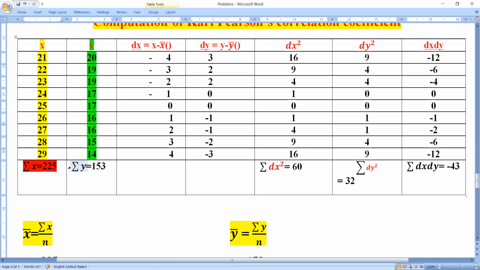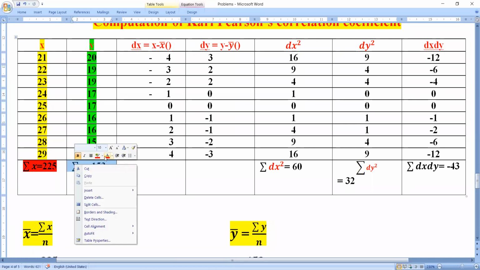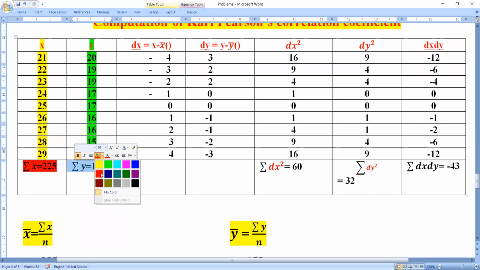After that, do it for the Y series also. How much do we get in the Y series? The sum of the Y values, 20 plus 19 plus 19 plus 17 plus 17 plus 16 plus 16 plus 15 plus 14, is 153.